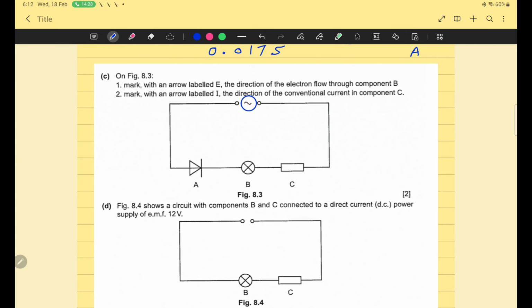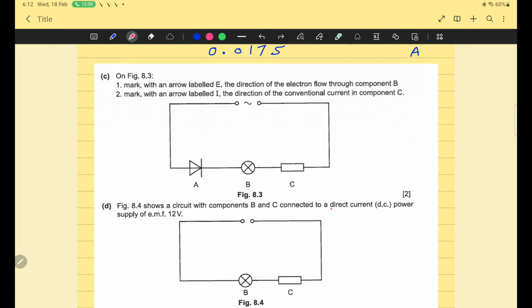When this is alternating current, you know the direction of current and the direction of electrons keep on reversing. I can tell you the direction of flow of electrons if it is DC. Because, sir, when the source is DC, then we can draw electrons flowing in this direction and conventional current in this direction. But I am confused.